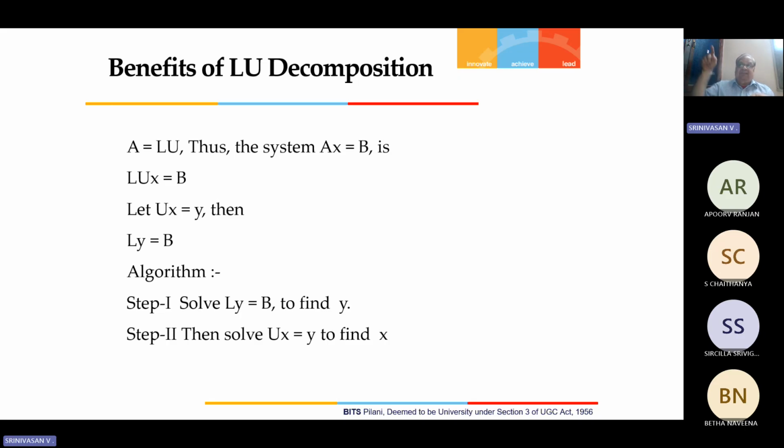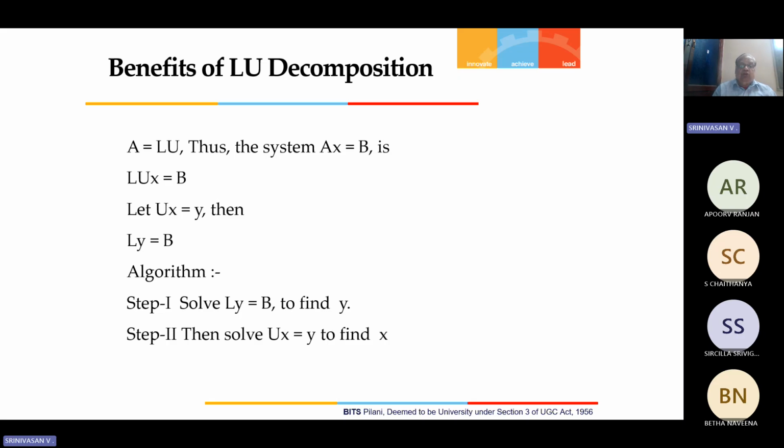So what's happening? B is already available in your question. L you have found. So instead of A, there is a matrix, that is your L, applied on Y. So now you have the unknowns Y1, Y2, Y3, for instance 3 by 3, just for understanding. You have B1, B2, B3. So you are now able to get, as usual, the values of Y. Now go back to the first substitution.